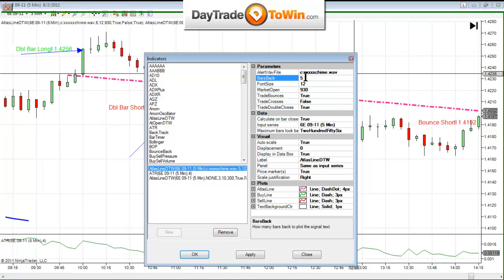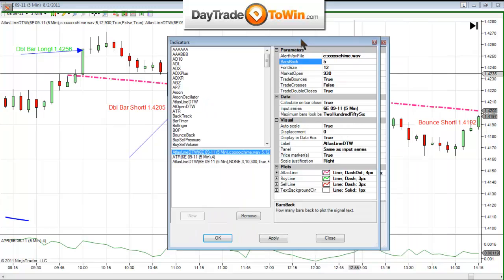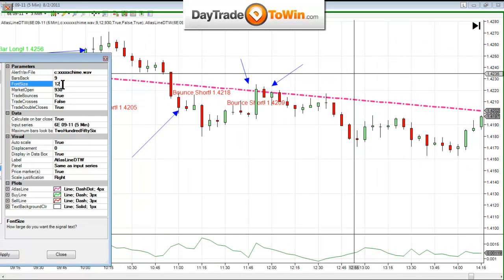This is just where you want the text to be seen. For example, if you want the text further away, you can have that. If you want the font size larger, just configuration. But there's nothing that attaches a parameter to the Atlas line. So you're not looking at a 14 period anything, 28 period anything. It's just based on price and when the market opens.